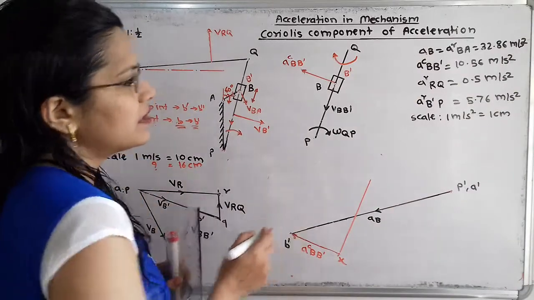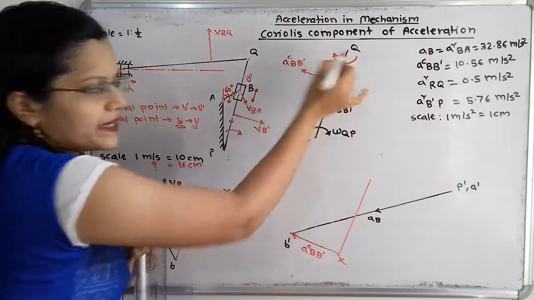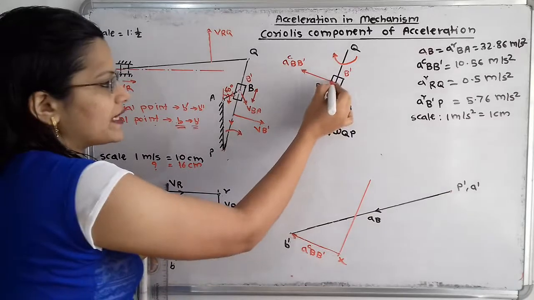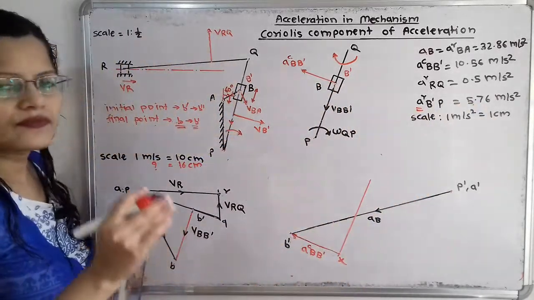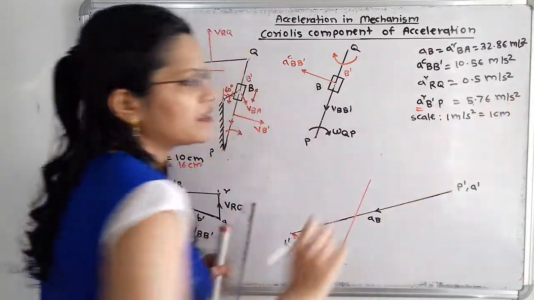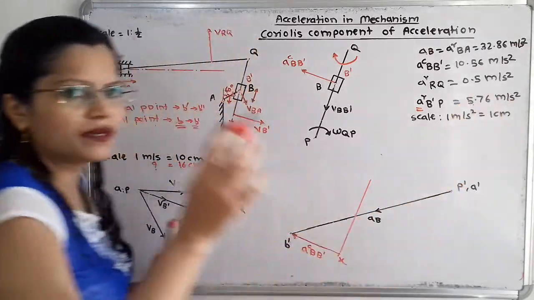Now again, if we observe, this B dash is a point on the link PQ. If I take the radial component of B dash P, which we have already calculated, it has a magnitude of 5.76 meter per second square, which equals 5.76 centimeter as the distance to take.